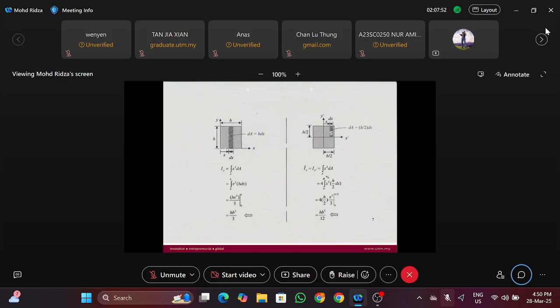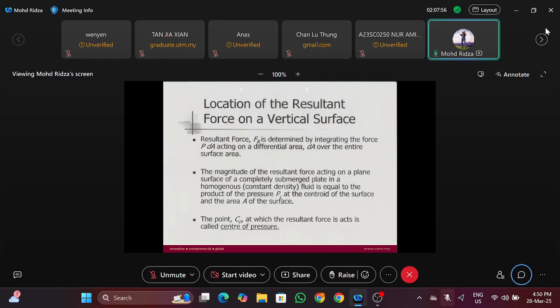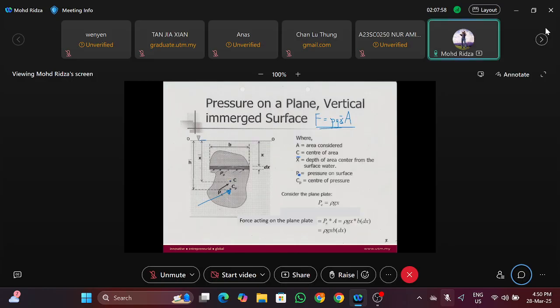The equation is, let me go back to this diagram. The equation is this H bar. Sometimes they use H bar because the H bar is the distance from the free surface to the CP. Sometimes they use H bar, sometimes they use HP. Distance to the center of pressure, doesn't matter which.